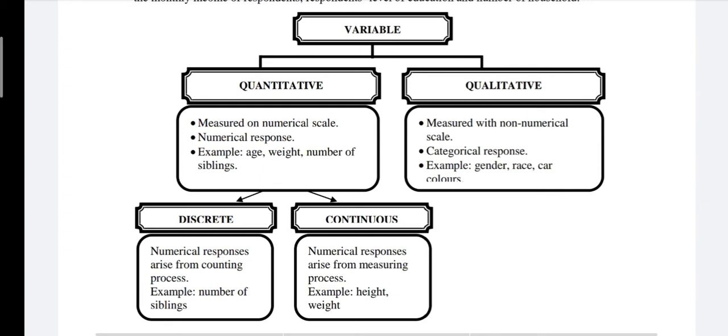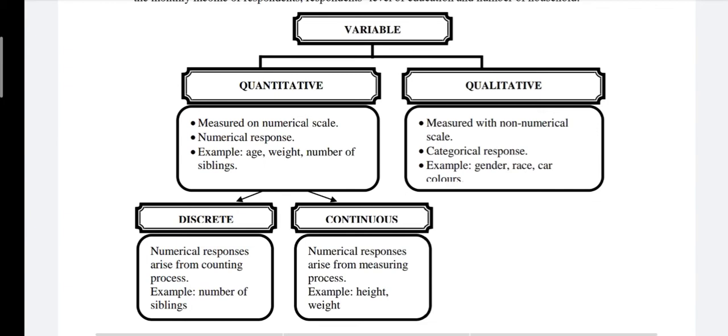Okay, untuk numerical scale. Okay, untuk discrete, a discrete quantitative variable adalah numerical responses arising from a counting process. Okay, contohnya number of siblings, counting. Contohnya apa lagi? Number of cars, number of house ke, number of students.